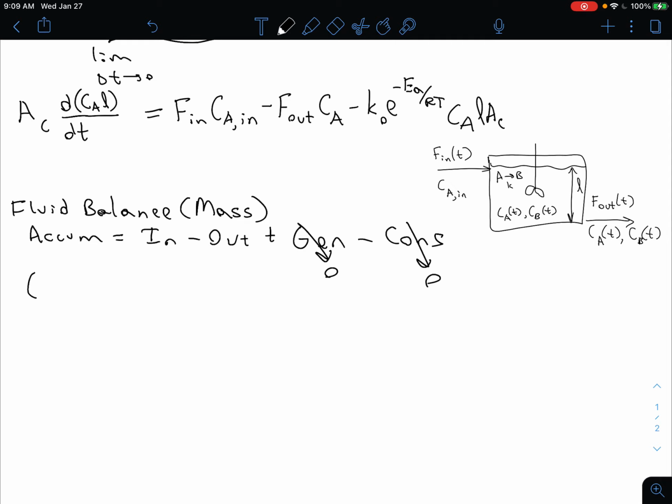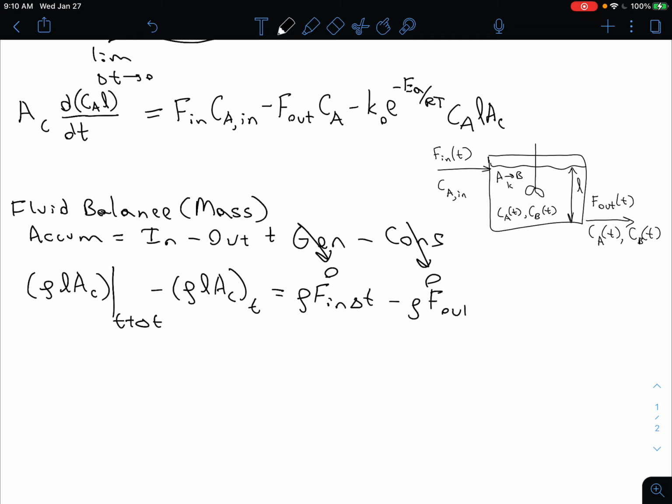So the mass in the fluid is going to be density times the fluid volume, LAC, at t plus delta t minus rho LAC at time t. And the input is going to be rho F in delta t. The output is going to be rho F out delta t.